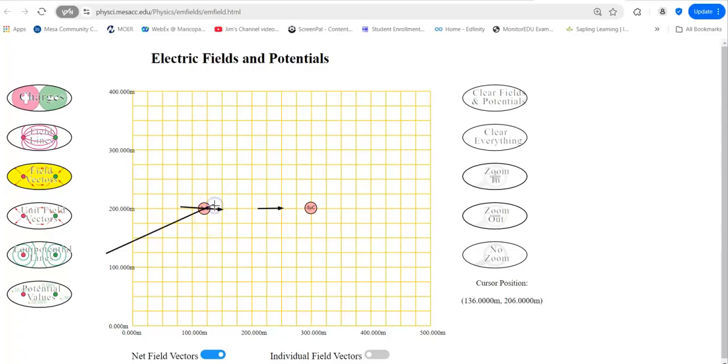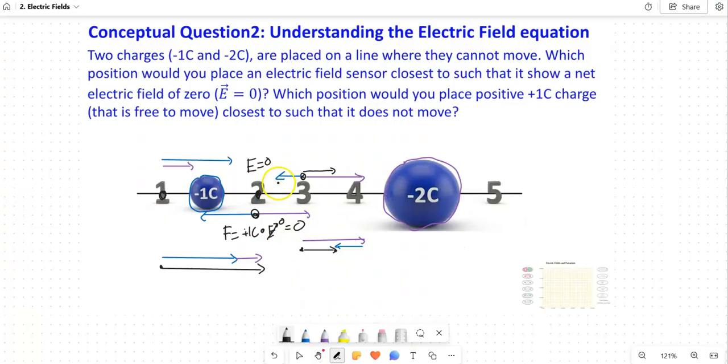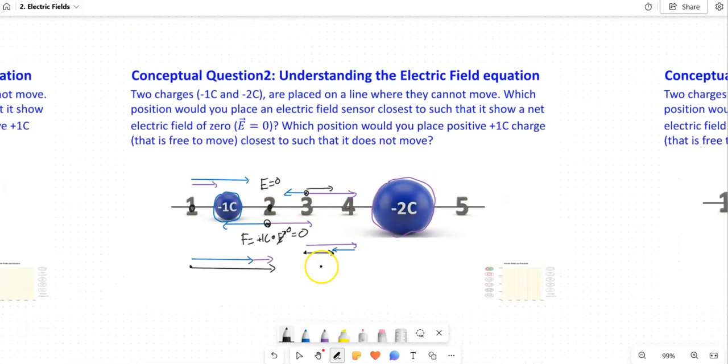But if you get close, trying to find it, right about here, that's where the electric field is 0. You'll notice those little lines are just arrows. So going back to this, that's about here. It's actually in between 2 and 3, but closer to 2.